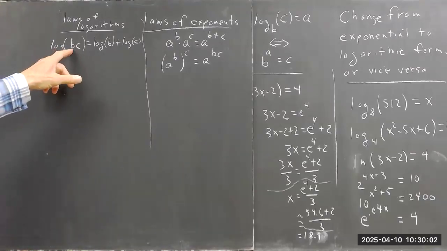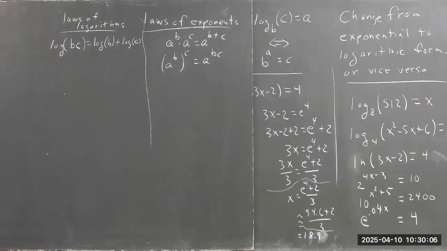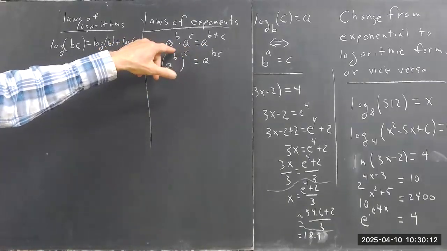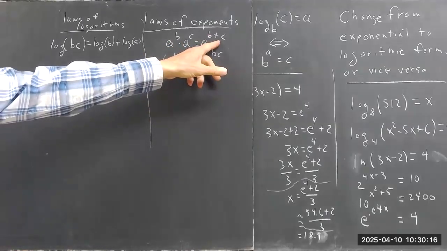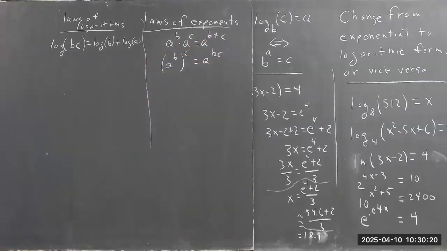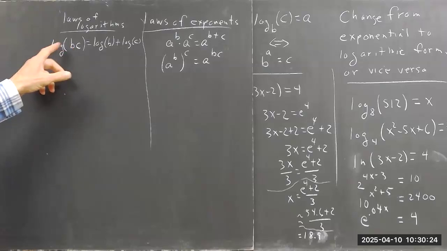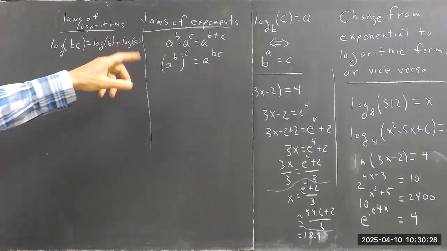Okay, the log of b times c is the log of b plus the log of c. Now, it corresponds to this rule for exponents. Here you've got multiplication that gives you addition of the exponents. Here we have a log of a multiplication, that gives you a sum of the logs.